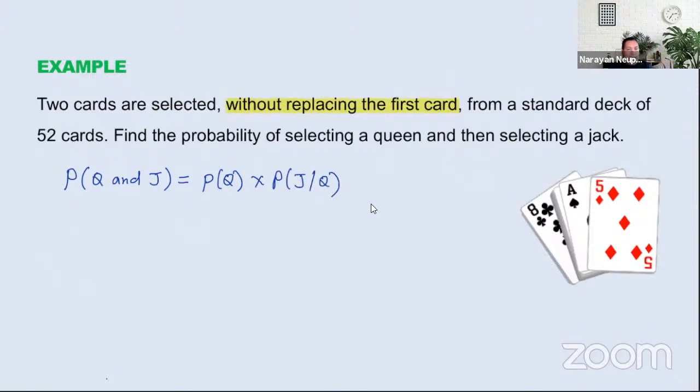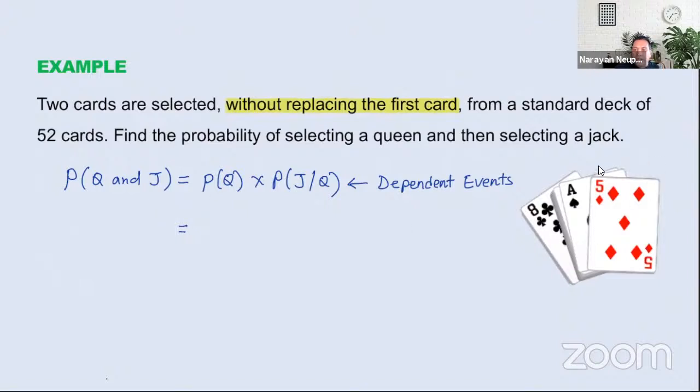We write the formula like this because this is the case of dependent events. If you can figure out whether the events are independent or dependent, then it is quite easy to figure out the probability. So here, this is the dependent case. So now, how do we plug in the values?